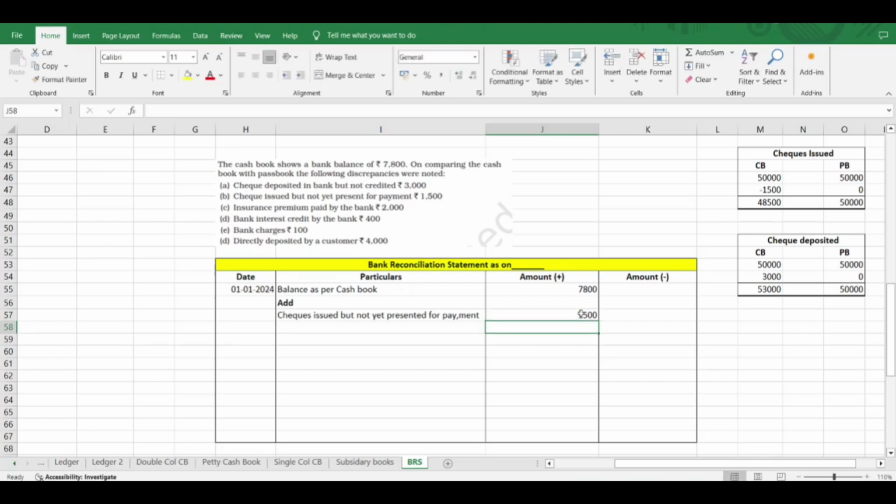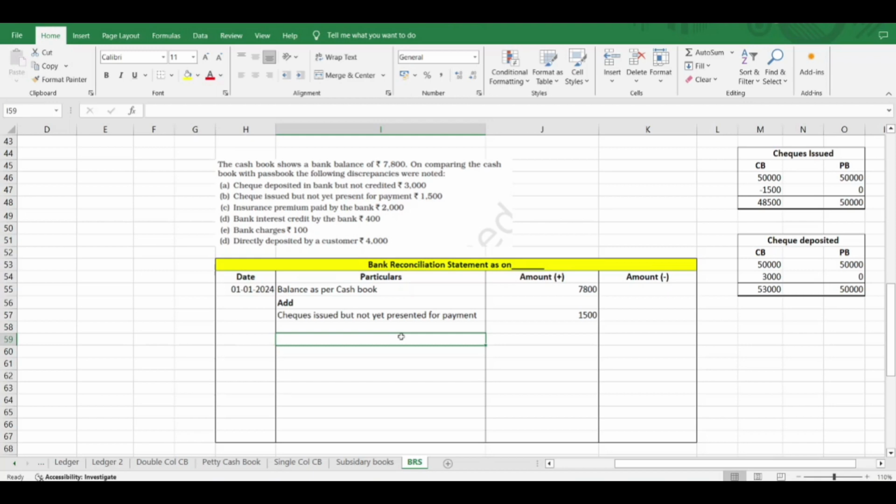1,500. Next, insurance premium paid by the bank, rupees 2,000. This is paid, so it is an expense. As we know from our previous problem, all expenses we will be deducting. So we will deduct this particular amount. Next, bank interest credited by the bank, rupees 400. Interest is credited in our passbook, and credit is addition.